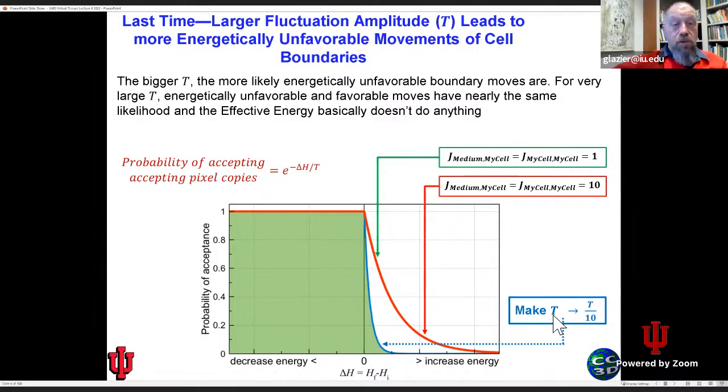If we make the temperature, that fluctuation amplitude, 10 times smaller, this exponential moves far to the left, and the probability of going backwards is essentially 0. And so changing this fluctuation amplitude has a very strong effect on how likely it is to go backwards after you've made a favorable step.